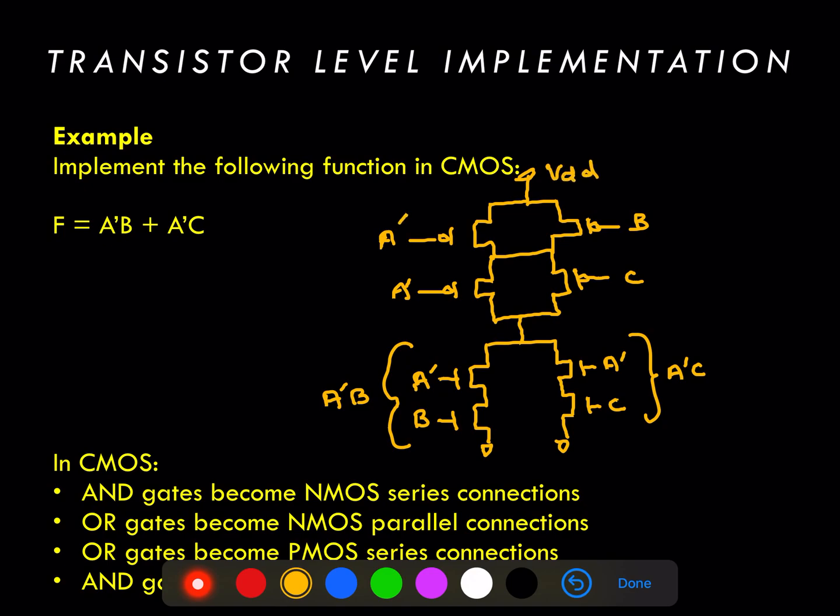Now what we've produced here is an inverted F, because CMOS is naturally inverting, and in order to go back and get F rather than F naught, we'll have to put the whole function through another CMOS inverter. And once we do that, we'll get the correct implementation for this function F as shown here.